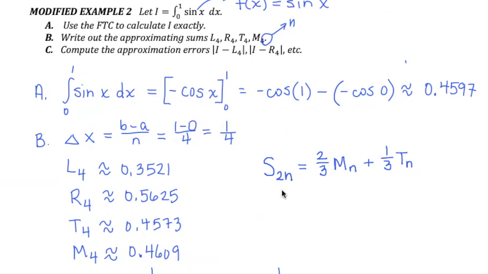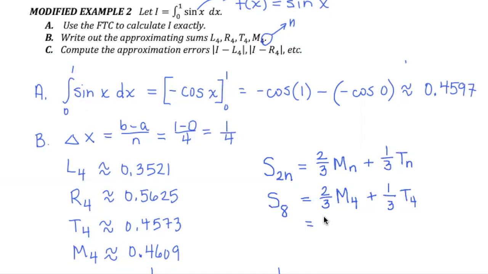Okay, now in our problem n was 4, so that means I'm actually calculating Simpson's rule with 8 subintervals. I'm going to take 2/3 of the midpoint approximation with 4 subintervals and 1/3 the trapezoidal with 4 subintervals.